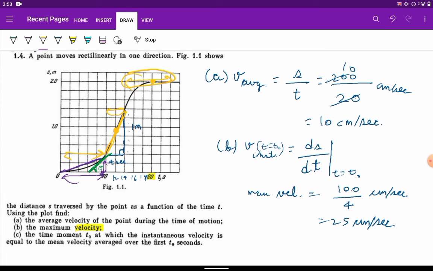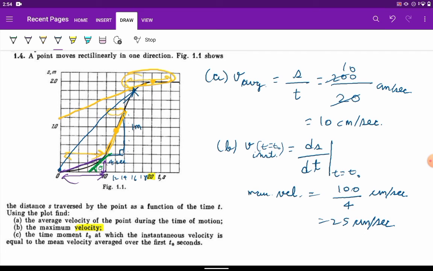Now 18, as you can see, is very highly unlikely, because roughly it goes this way. For 16, it almost goes through the origin. I have not drawn it to scale, obviously, because I don't have one right now.